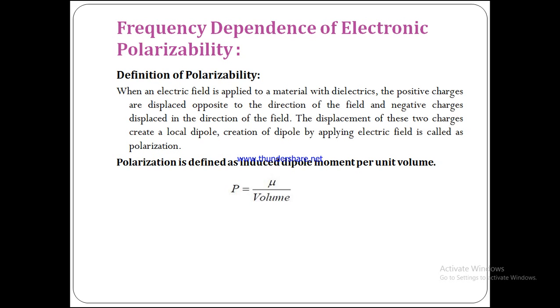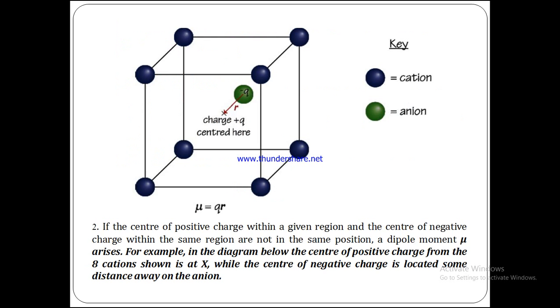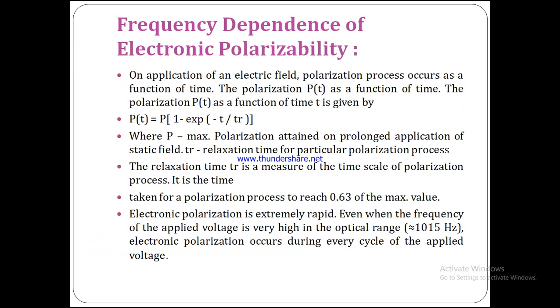That is, P, the polarization, is equal to mu upon volume. Now, we have to check how the frequency depends upon polarizability: the frequency dependence of electronic polarizability.